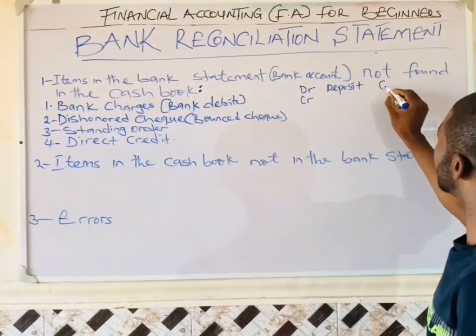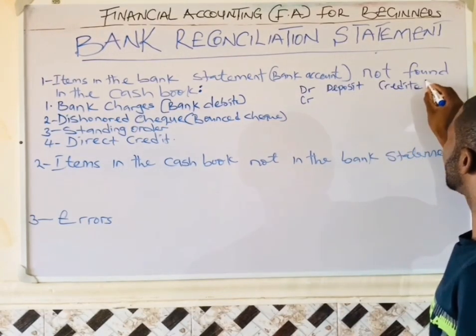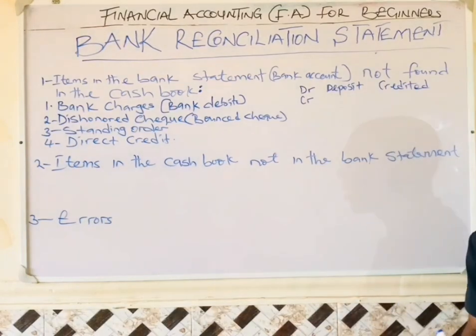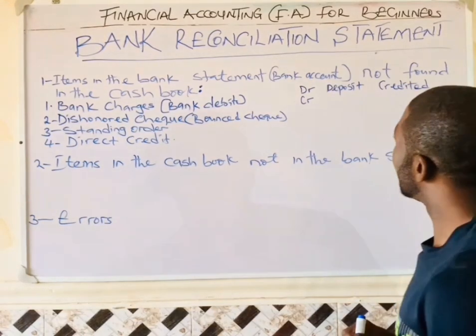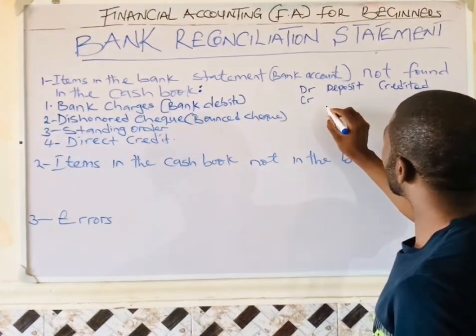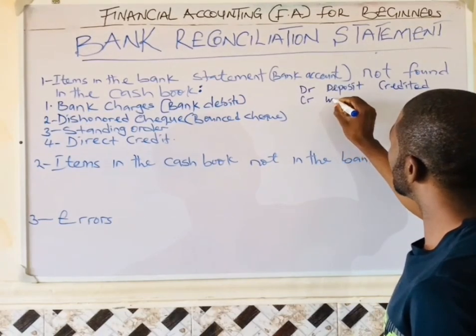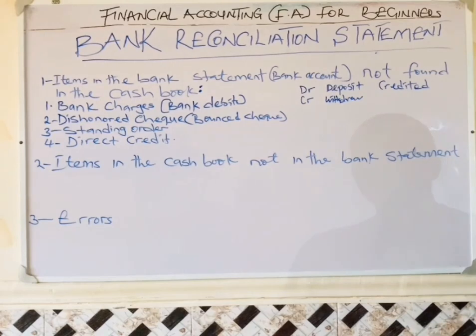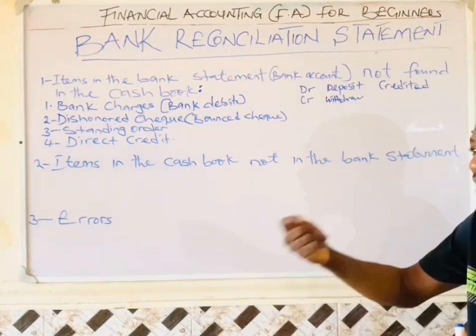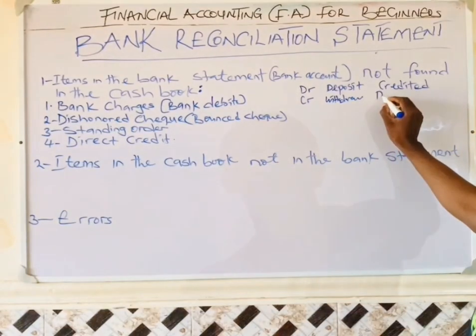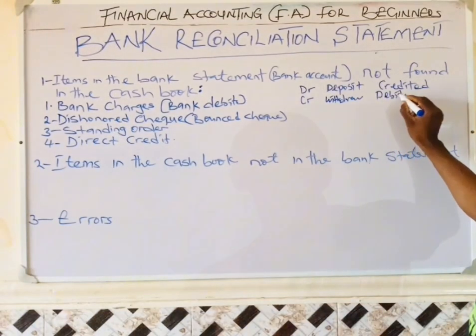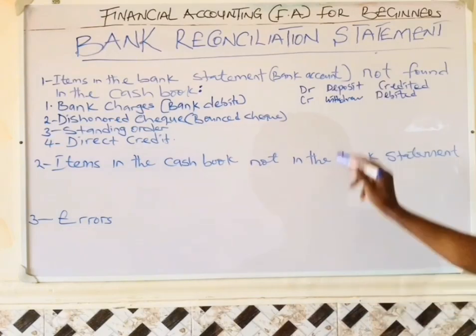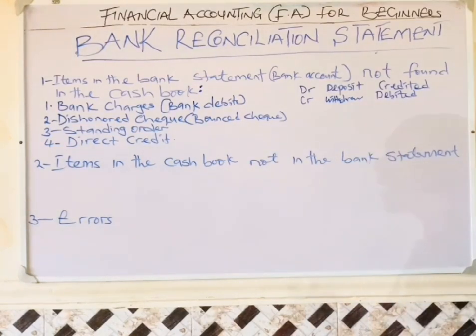They will see credited, credit alert, credited. Why? Whenever they withdraw from the account, instead of credit, because they are taking it out, they see debit, debited. This is the language of the bank that I'm telling you. And let me explain it to your understanding.